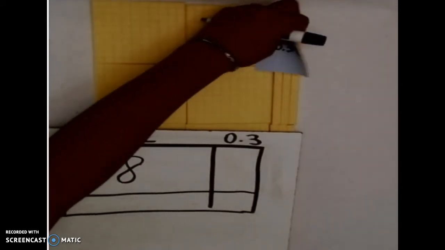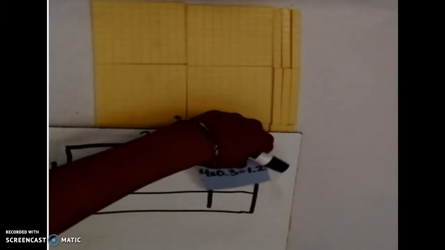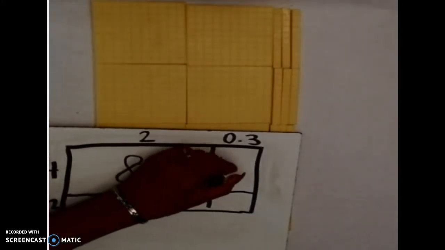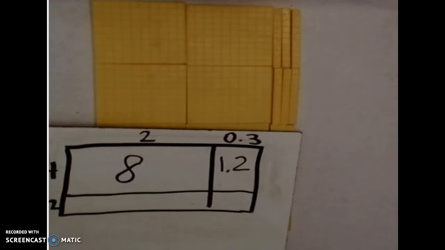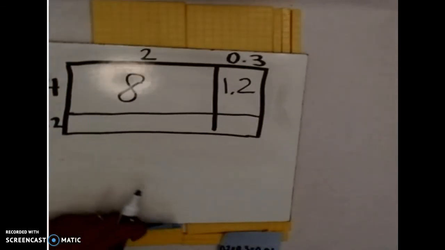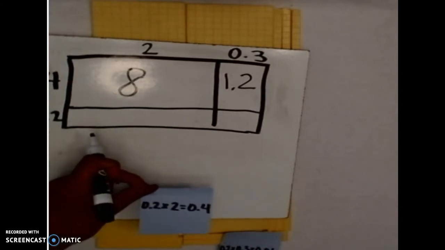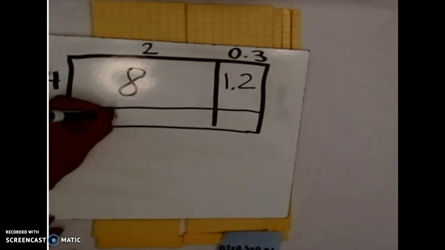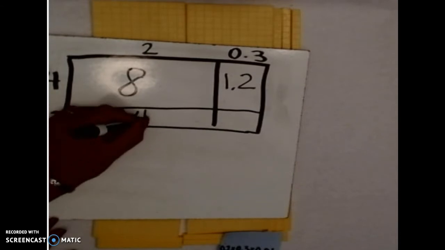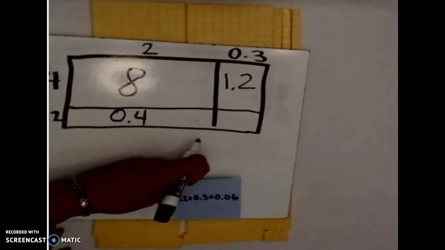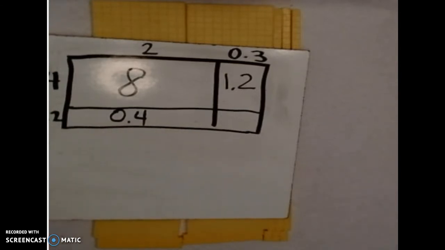Then we have 4 and 3/10, we said is 1 and 2/10. 2/10 times 2 is 4/10. And 2/10 times 3/10 is 600.